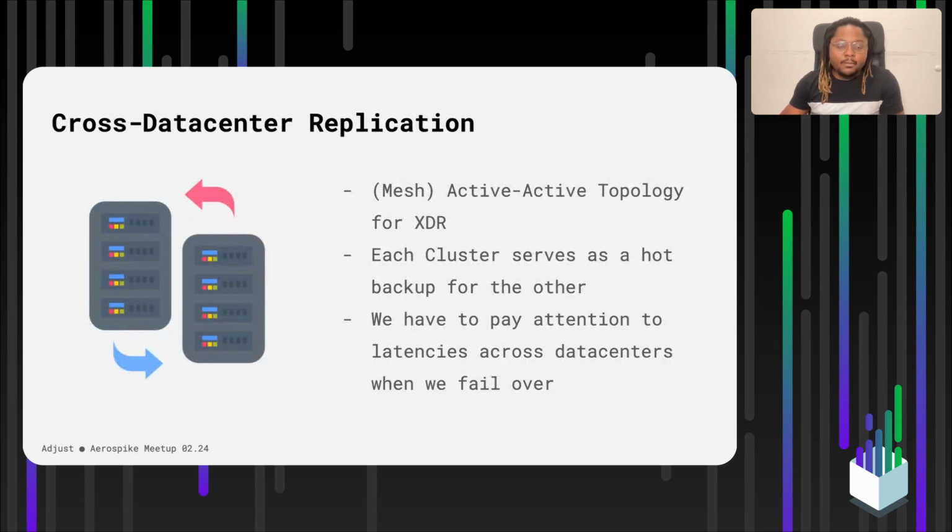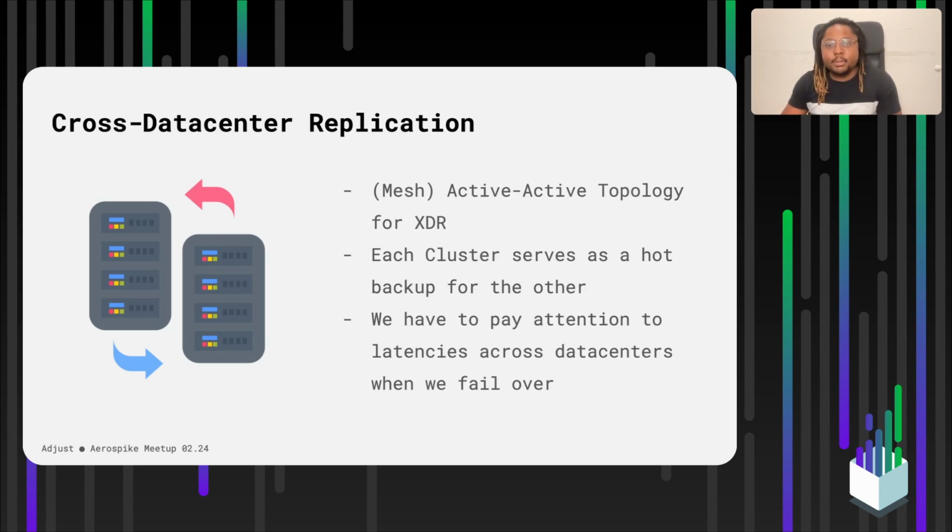All of these three data centers are set up using cross data replication. This is a mesh active topology where a request that ends up in one cluster is sent to another cluster where it is backed up.